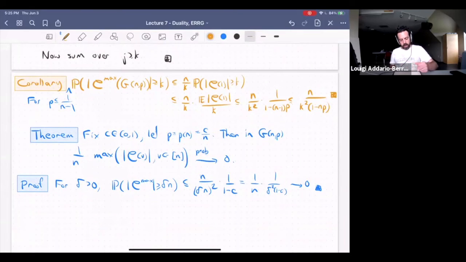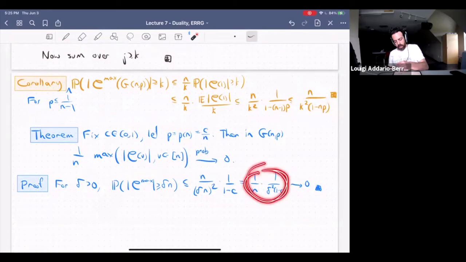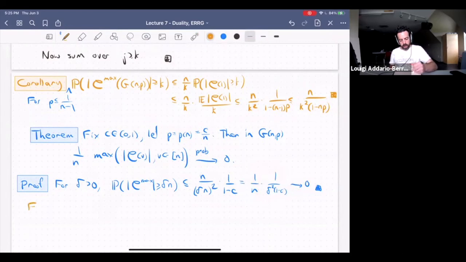Let's think about what this argument actually says. If we look here, in order to make this tend to 0, we had a lot of room. This is tending to 0 very quickly, right? We could have gotten away with something smaller than 1 over n here.